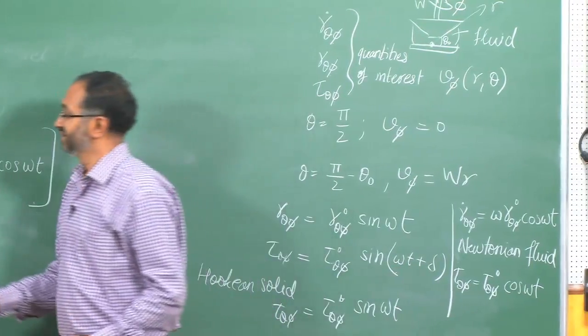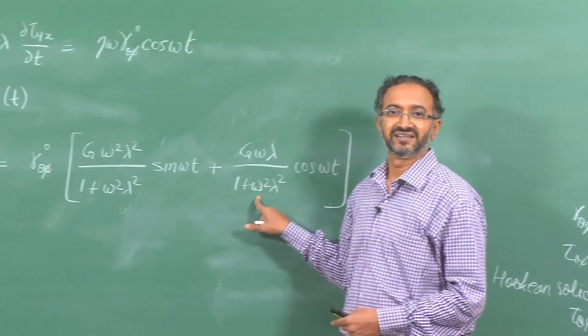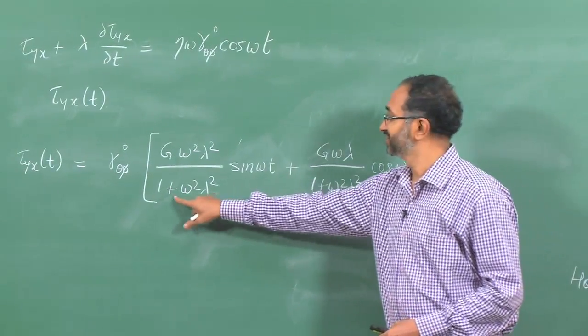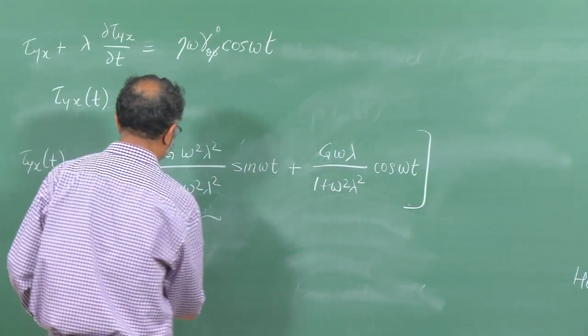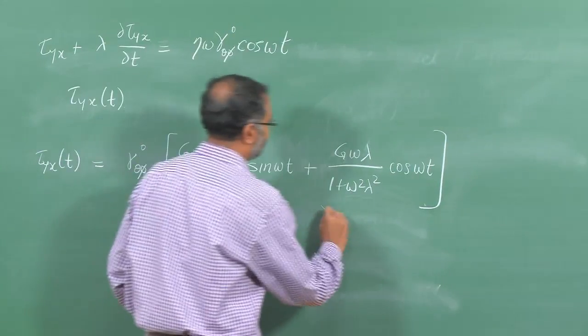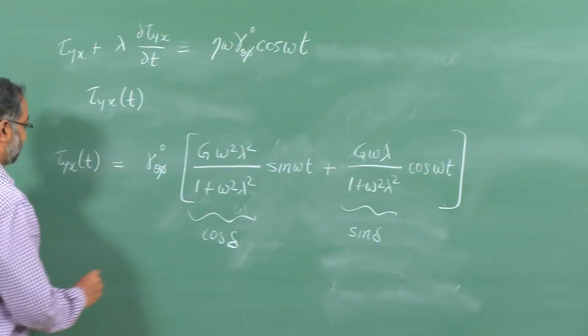Can you see that these are in fact sin delta and cos delta? Yes. So, this is cos delta and this is sin delta. So, what is tan delta?